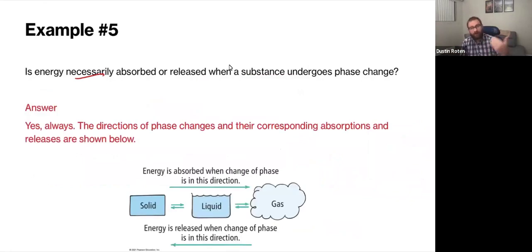And just as a reminder, the directions for adding or taking out heat or energy are right here. So adding energy will go one direction, removing energy will take you the other way. But there always has to be some sort of energy change when you're going to change phases of any substance.